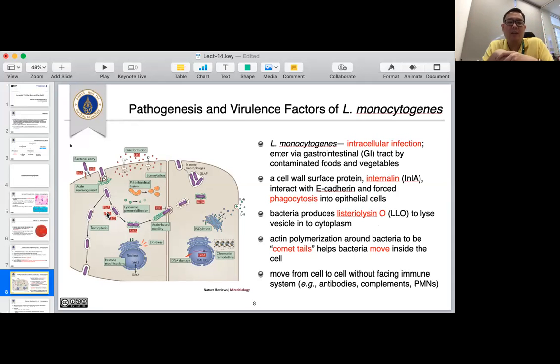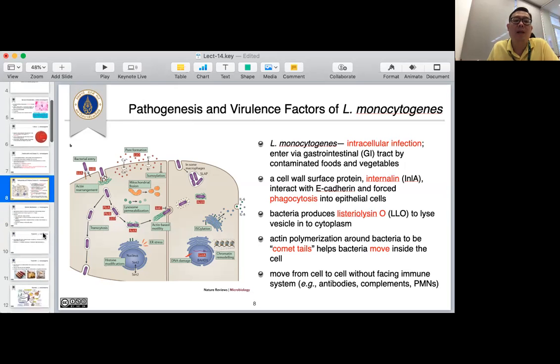Then the bacteria survive, okay? But as I mentioned earlier, at 37 degrees Celsius, bacteria cannot move. Once bacteria escape from the vesicle, they have a protein that depolymerizes actin in the host cells, chopping down actin, and pulls actin unit molecules around the bacteria and repolymerizes actin around the bacterial cells.